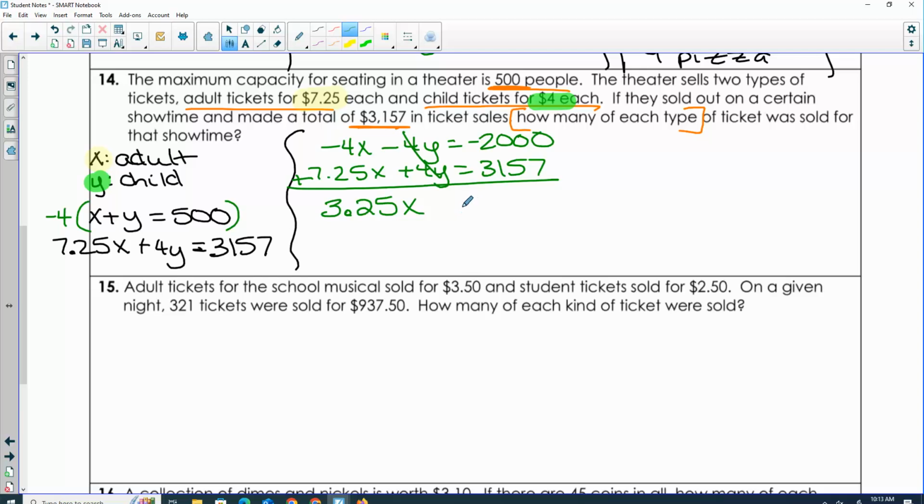Negative 4 and positive 4 cancel. Negative 2,000 plus 3,157 is 1,157. Divided by 3.25, x is 356.